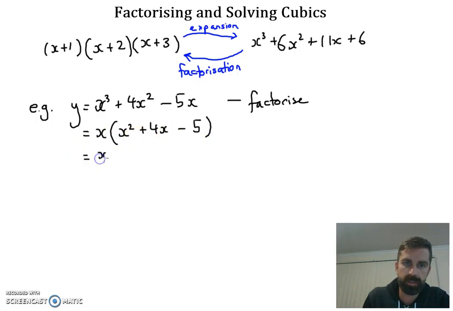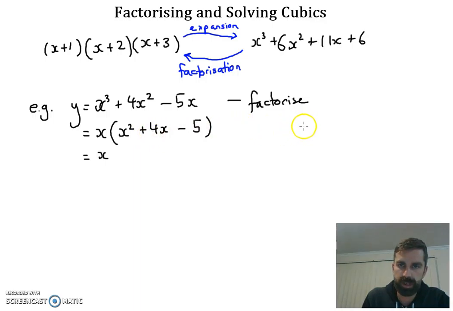Now, in the brackets, we have a quadratic equation. All we have to do is factorize that quadratic, and we've factorized the whole thing. So if I go to -5 and think about it, what are two numbers that multiply together to give me -5 and add together to give me +4?